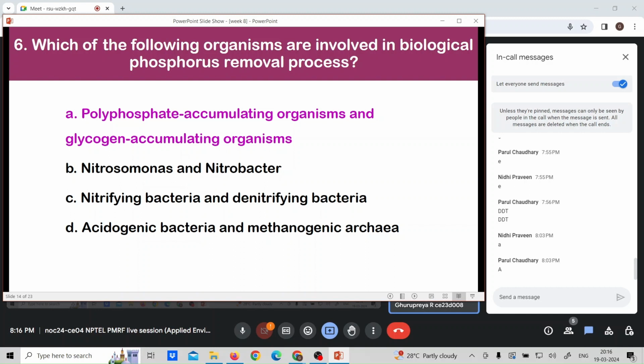They basically compete for the PHA and PHB storage, or the carbon source present in the water system. So when GAO is present, PAO is going to get affected. That's the relationship between PAO and GAO, and both are involved in the biological phosphorus removal process.